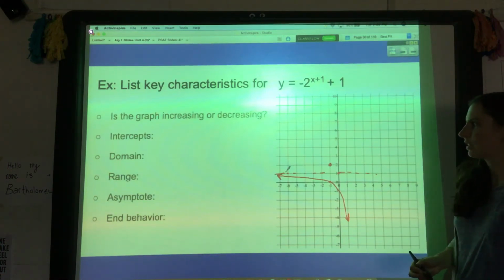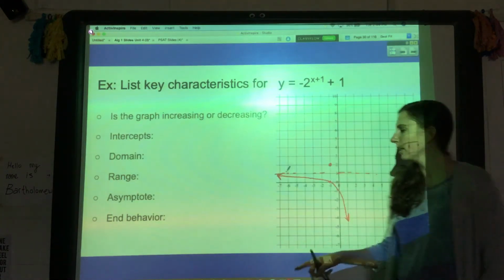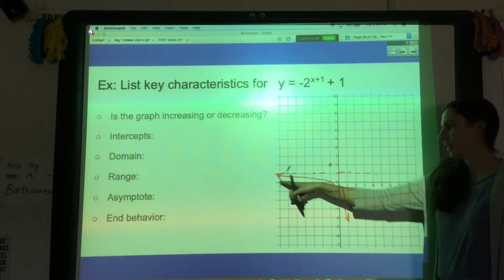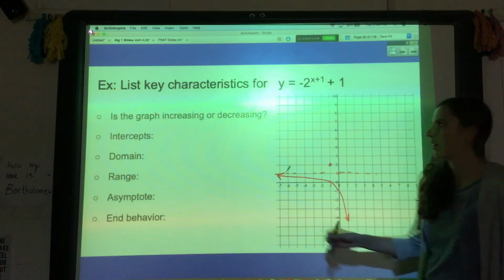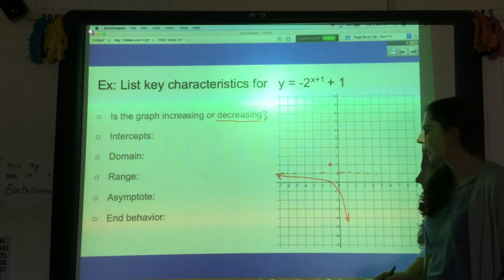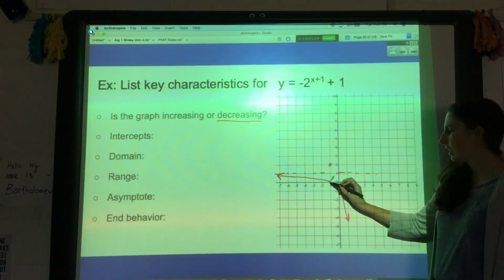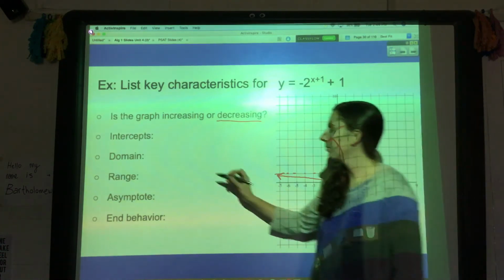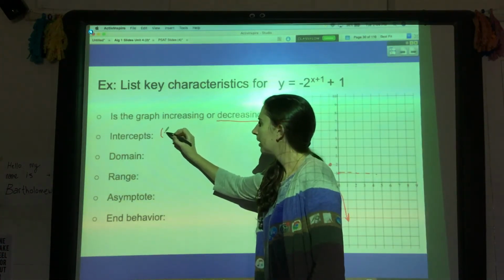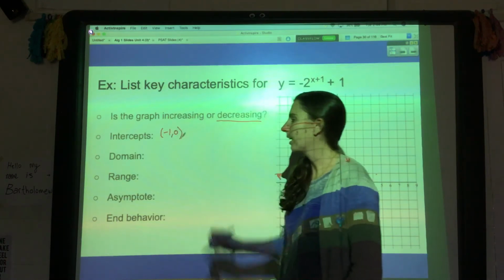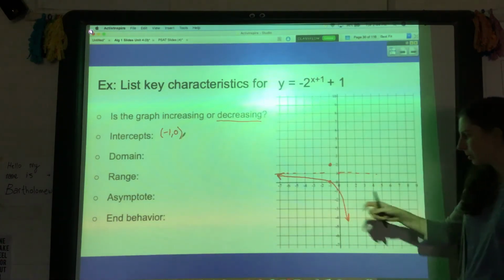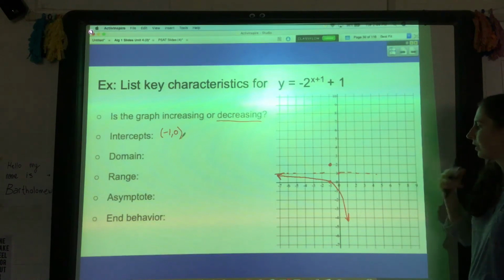So first of all, is this graph increasing or decreasing? It's going down as we look at the graph from left to right, so it's decreasing. Its intercepts: the x-intercept is right there at negative 1, so (-1, 0) is the x-intercept. The y-intercept, I'm not exactly sure how accurate my graph is here.